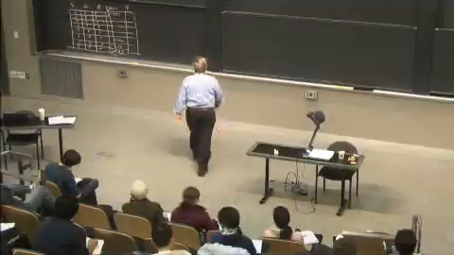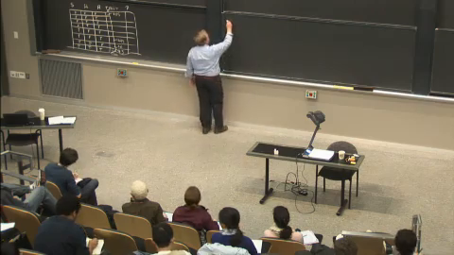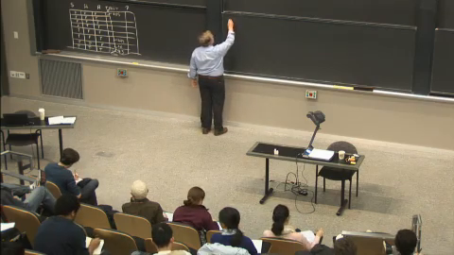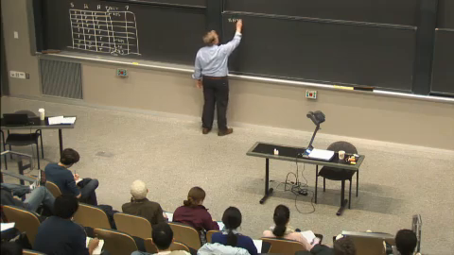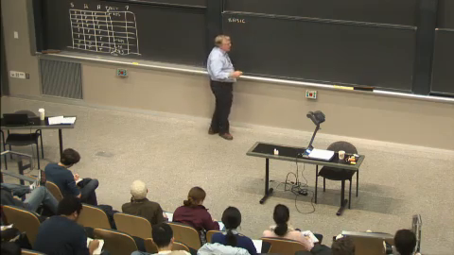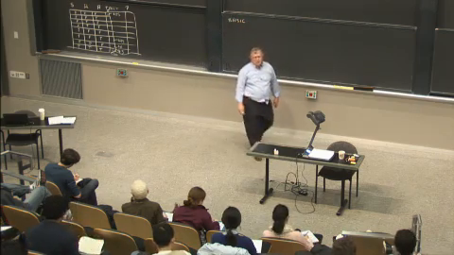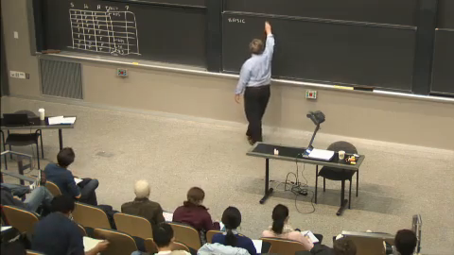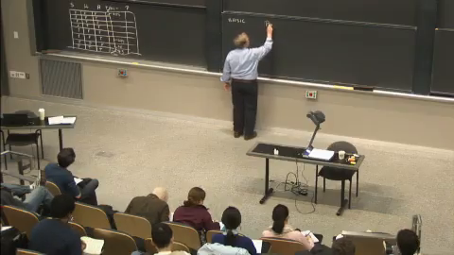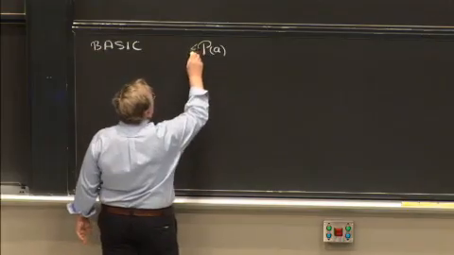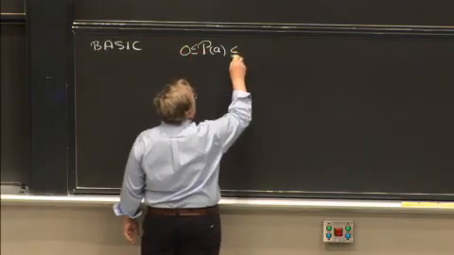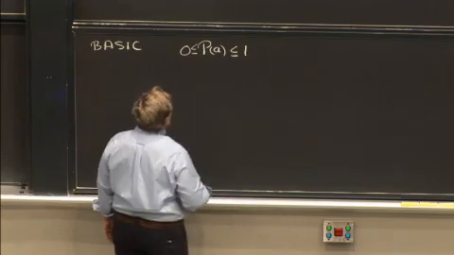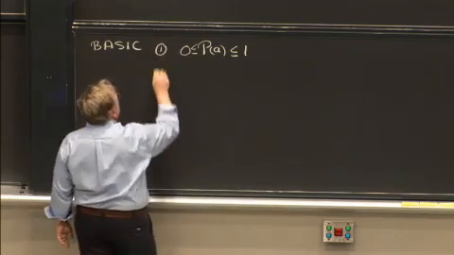The first thing is basic probability. All of probability flows from a small number of axioms. We have the probability of some event A has got to be greater than 0 and less than 1. That's axiom number 1.